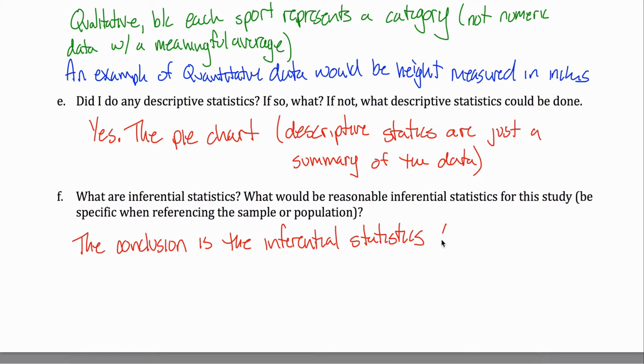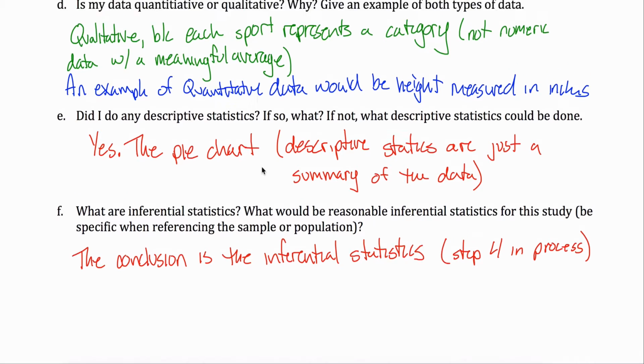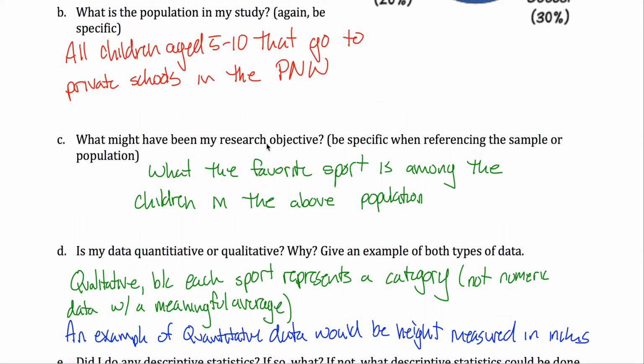Maybe I'll even write step 4 in our 4-step process of statistics. What would be reasonable inferential statistics for this study? What you need to do with inferential statistics is answer your research objective. Just like your research objective refers to your population, your inferential statistics should refer to your population.